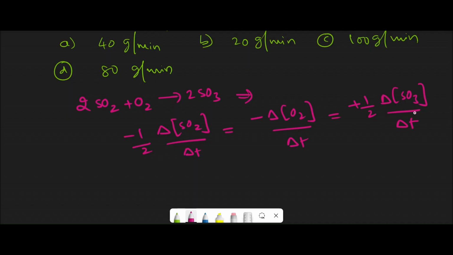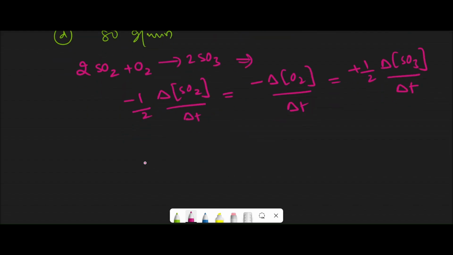We know how to write the rate of reactions. Now they are asking about the disappearance of oxygen and given data about sulfur trioxide. By equalizing these two, we need to solve the numerical.